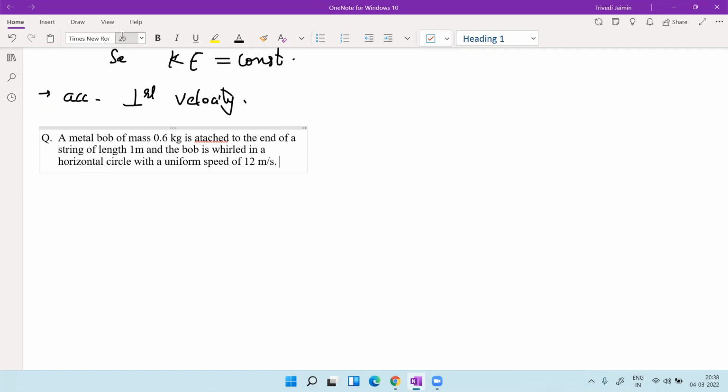So we have the mass of the bob, length of string, uniform speed. They are asking what is the centripetal force acting on the bob?